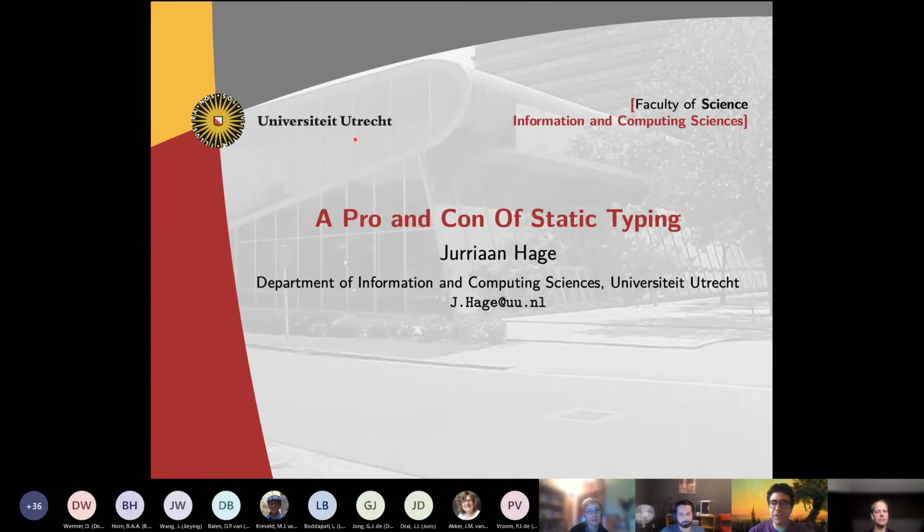Let me do the introduction. And we're very happy that Jurriaan, Jur for short, is here to present a talk on a pro and con of static typing. He did his studies and his PhD in Leiden on the topic of combinatorics and algorithmics of graph and group theory. He moved to Utrecht in 2000 and he changed his field of research to static analysis of programming languages.